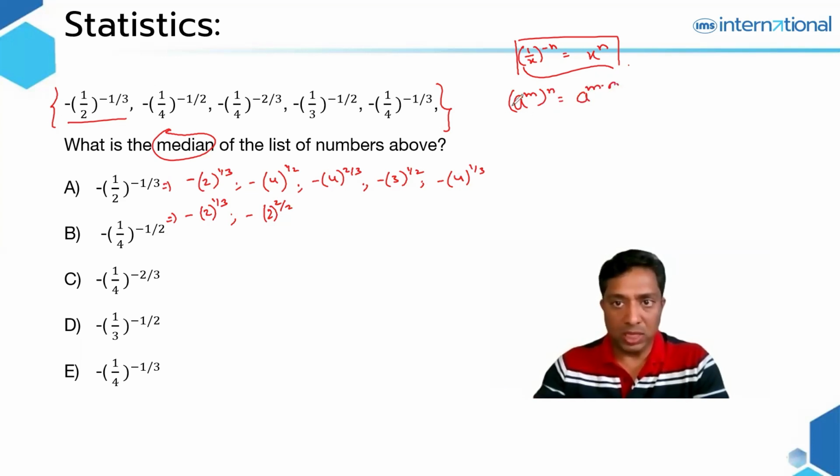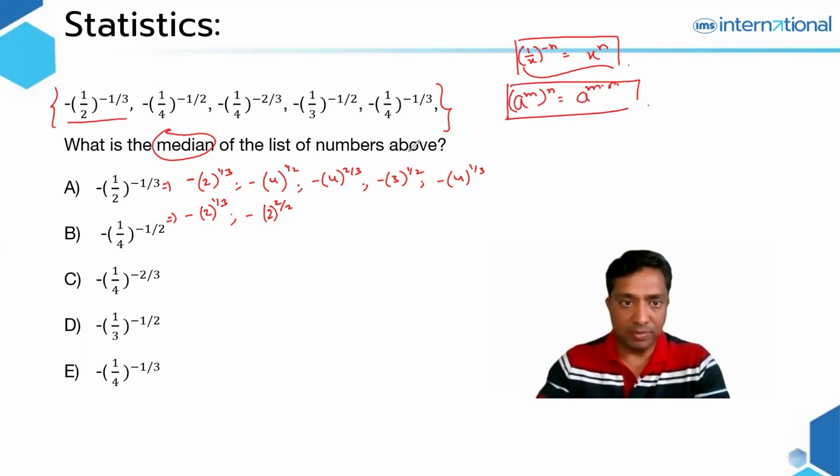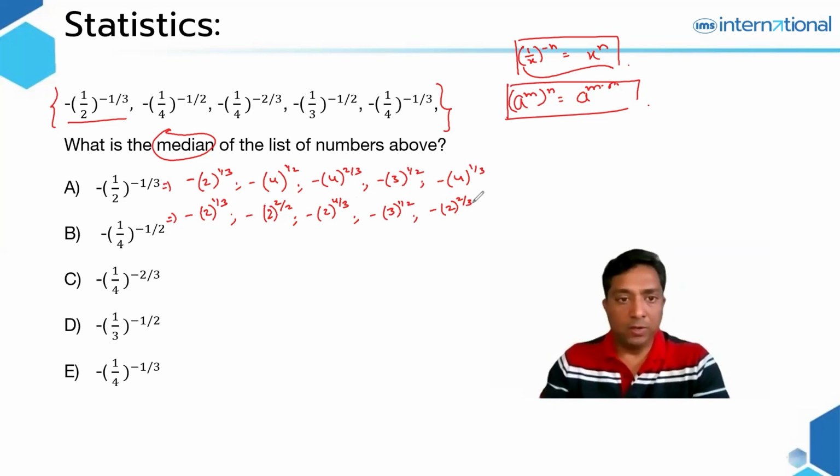Going by this concept, this 4 you can write as 2 square, which multiplies with 2 by 3 and becomes 4 by 3. And this over here is 3 power 1 by 2. And this you can rewrite as 2 square, which gives you 2 by 3 as the power. So you can clearly see that almost every single element carries the common base 2, except for one, that is 3.